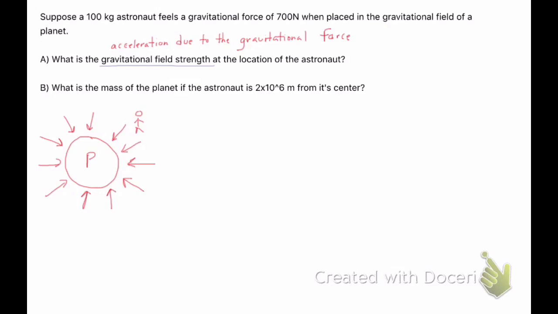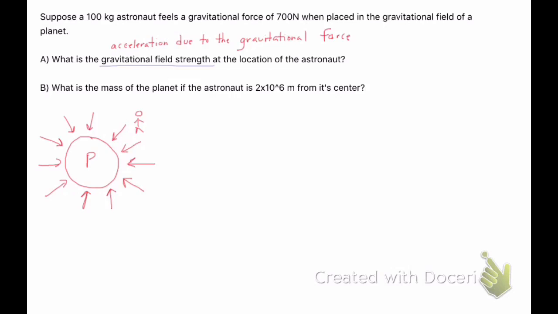Alright, so if it's the acceleration due to the gravitational force, what equation could we use? If we know a force, if the gravitational force is 700 newtons, and we know the mass of the object, which in this case is the astronaut, which is 100 kilograms, what is that acceleration?